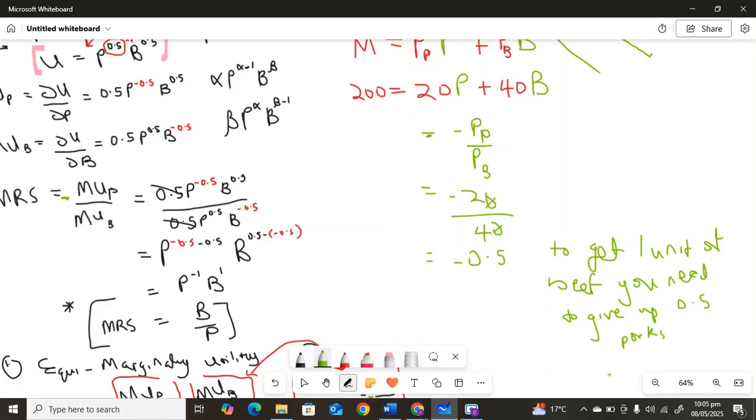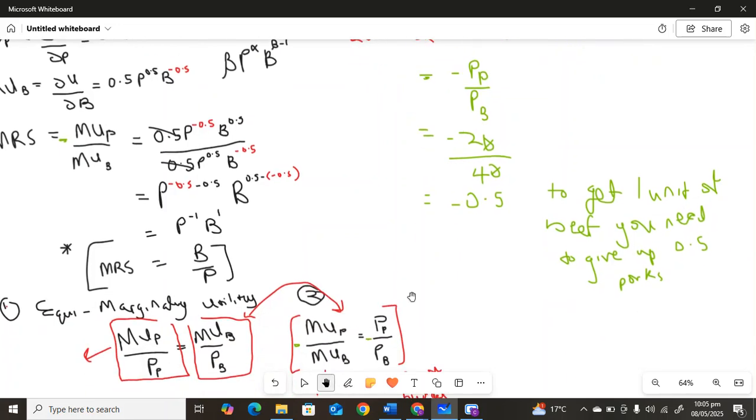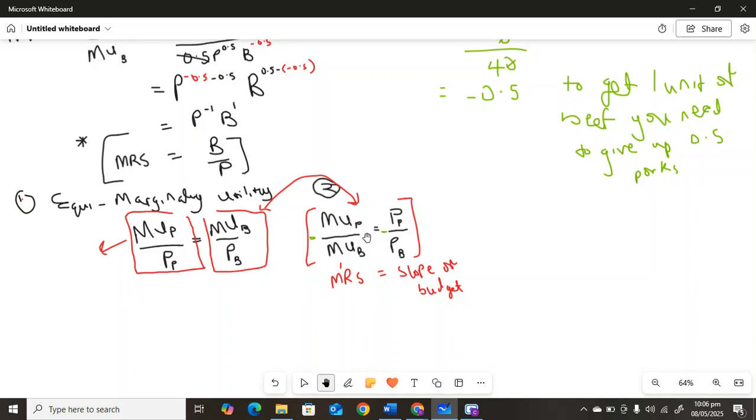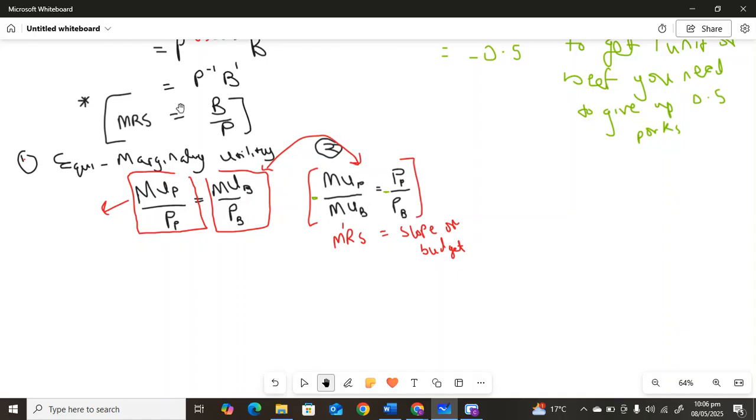Okay. So now, when we come back here to this tangent condition for utility maximization, we can now find out how much pork this person needs to get and how much beef they need to get so that they get the most satisfaction out of their money. Okay. So if you remember, our marginal rate of substitution was B over P. Our slope of our budget constraint line was 20 over 40.